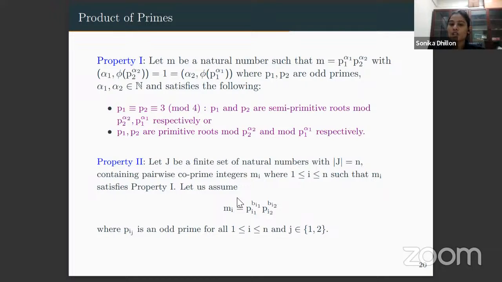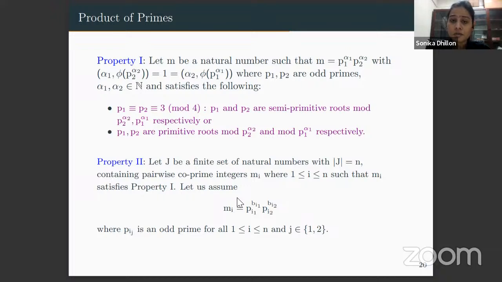Now for the case of a product of primes, when we have 2 primes, in that case also they have given some necessary conditions: if the prime factors satisfy those conditions, then only are the cyclotomic units multiplicatively independent, and hence we can talk about the linear independence of these harmonic numbers.